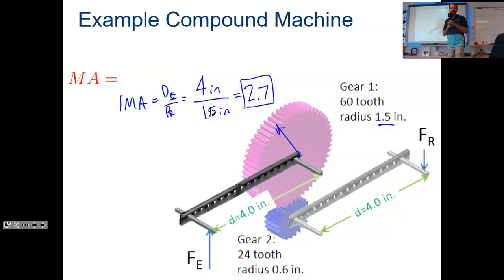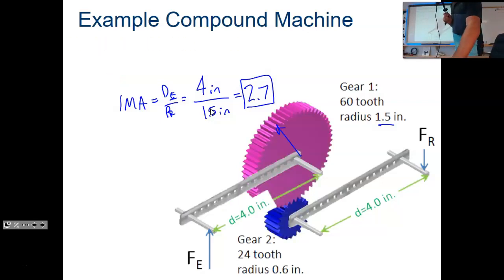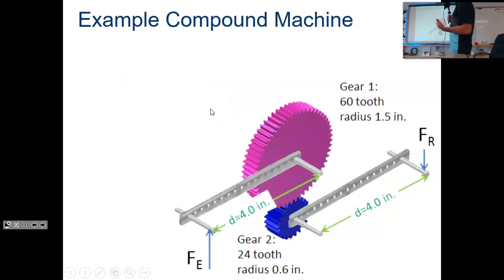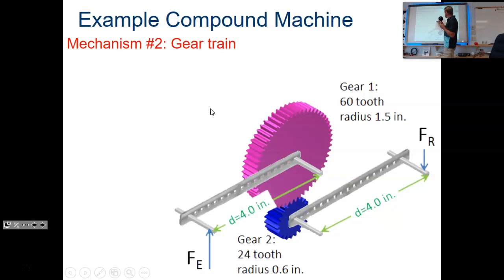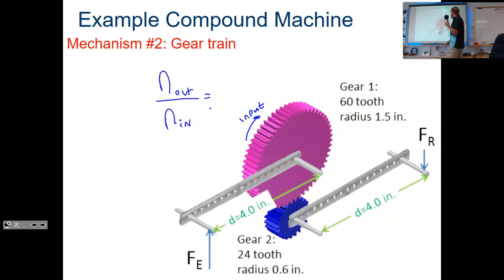Now we're going to find the next one. That's our gear ratio. Again, this one is going to be the input. To find the gear ratio, it's the number of teeth out divided by the number of teeth in. My output is going to have 24 teeth.